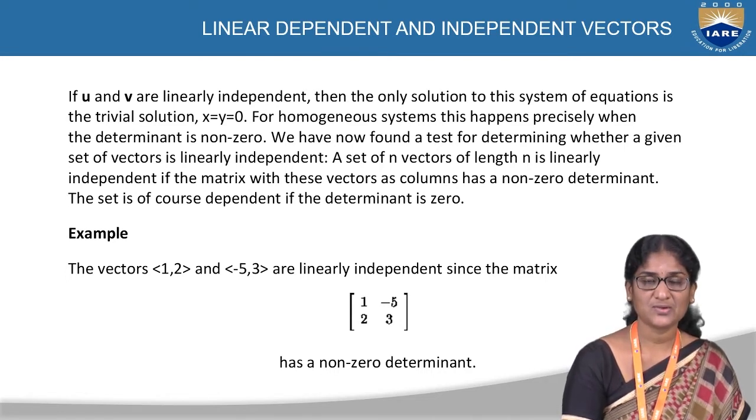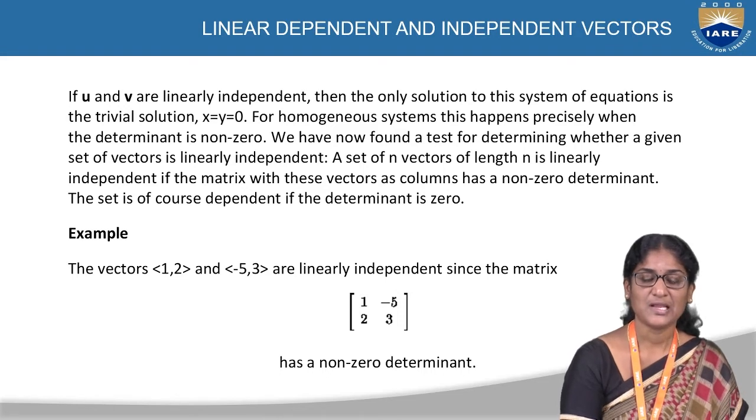So it gives a clue to test whether the matrix obtained from the set of linear equations is linearly independent or dependent. We just need to find the determinant of the given matrix. If the determinant is 0, then that set of vectors is said to be linearly dependent.